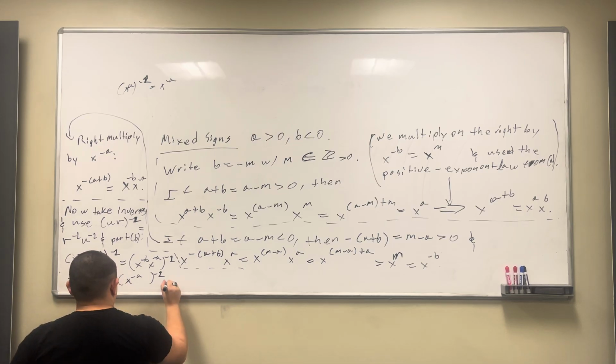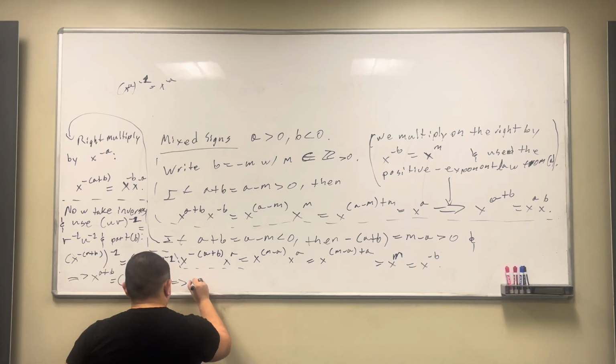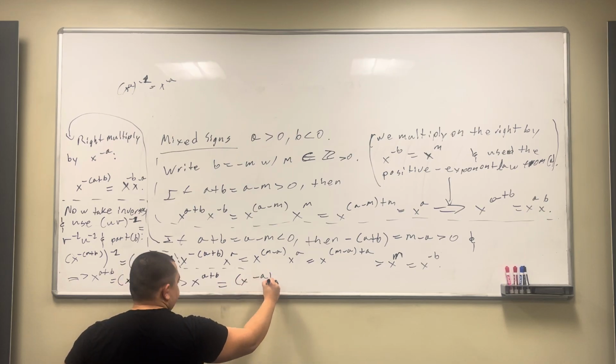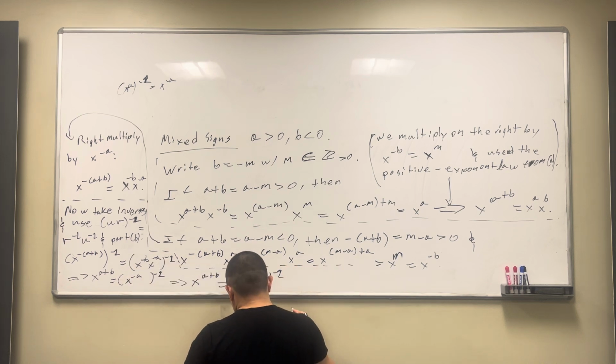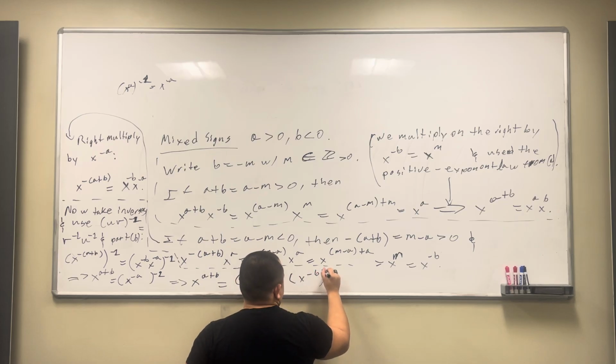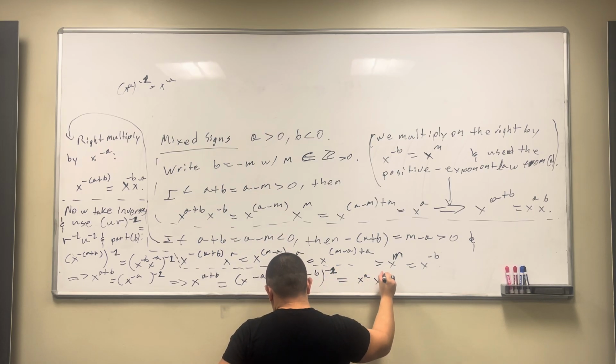That implies x^(a+b) is equal to (x^(-a))^(-1) times (x^(-b))^(-1), which is equal to x^a times x^b.